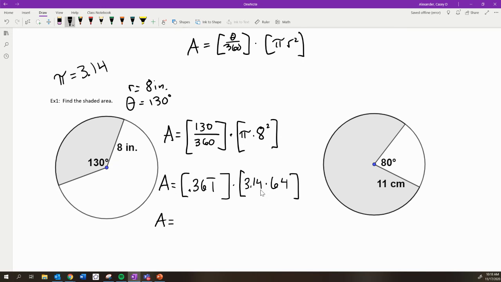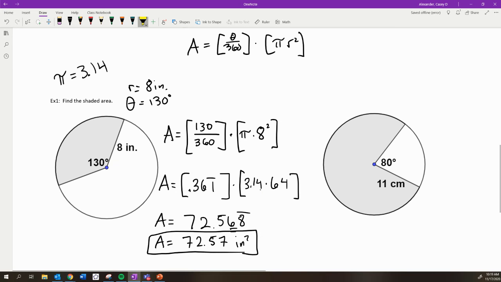And I'll get 72.568 repeating. Okay, so this is a close decimal approximation, but I want to round that to the nearest hundredth. So that would be this digit. So that rounds to 72.57 square inches.